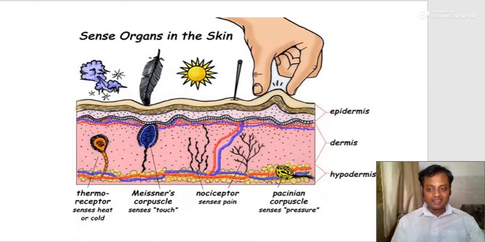It senses the touch sensation, then it senses the pain, it senses the pressure. It has multiple functions. It has sensation for feather touch, cold, heat, pin, and pricking sensation. Skin is a more sensitive organ. Okay, so number two is sensory function.